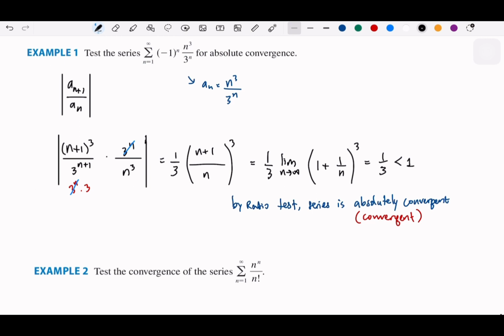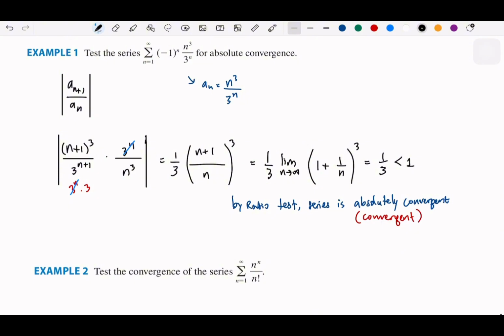So whenever you see n to the power of something, or some constant to the power of the variable n, then perhaps you should try the ratio test, because it is, I think, one of the easiest methods to check. So we have the divergence test, which is super easy.